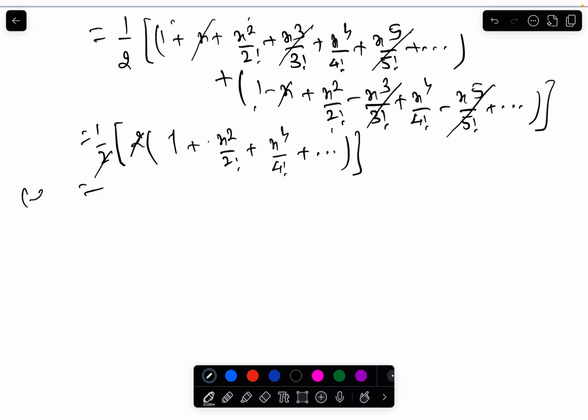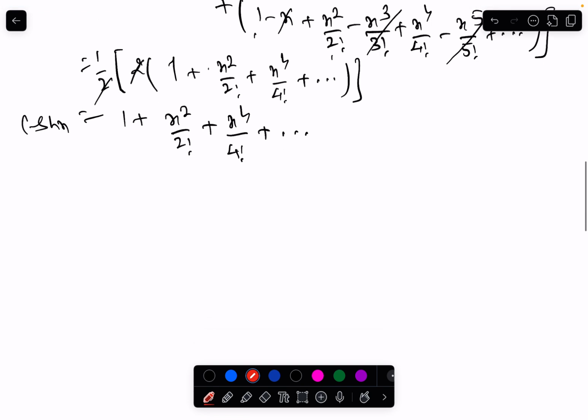So that is nothing but cosine hyperbolic x equals 1 plus x square by factorial 2 plus x power 4 by factorial 4, and so on. So that is the series of cosine hyperbolic x by using the series of e power x.